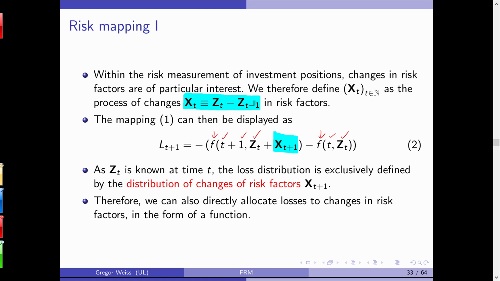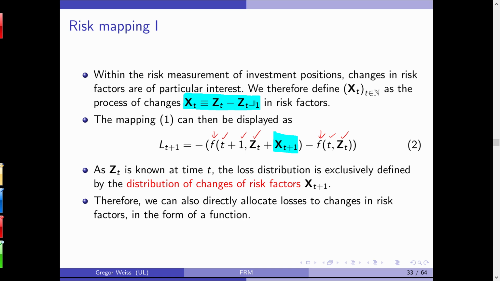We need to model the future change in interest rates. We need to forecast the change in unemployment rates. We need to forecast the change in profitability, in dividend payments, and so on. And if we know these, all the other variables are given.